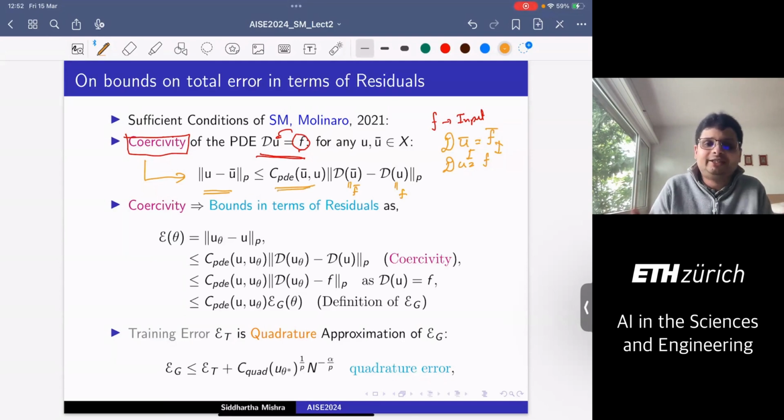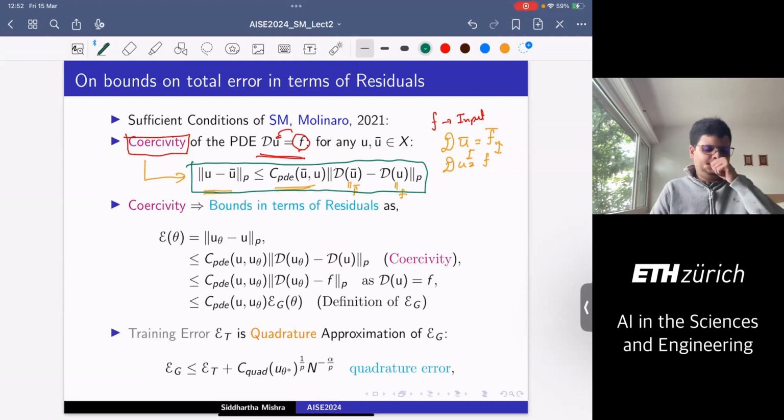So this is a stability statement. We call it coercivity because this is a property that the PDE can have. The bottom line of this entire estimate that I wrote down is that given small changes in the inputs to the PDE, the PDE solution would also have very small or relatively small changes, because, of course, this depends on the constants.